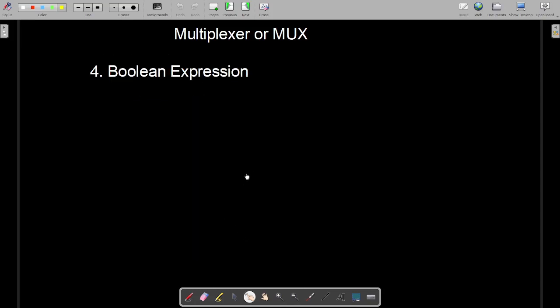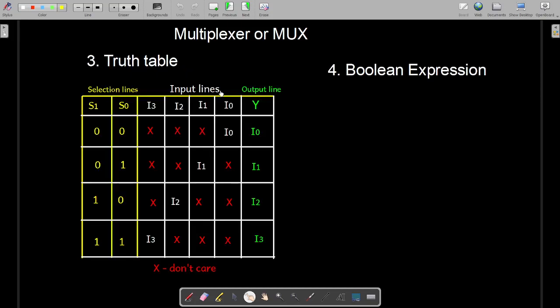Now we are going to write the Boolean expression from the truth table. So we need this truth table. Now we are going to write the output. Y is equal to, first we take this input combination for this I0. So this input combination is this one, right?